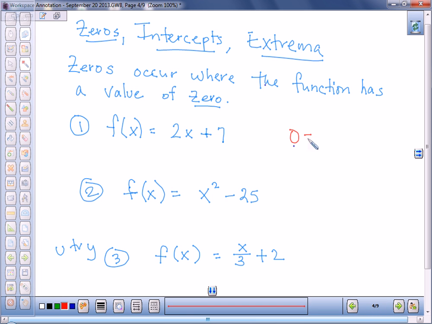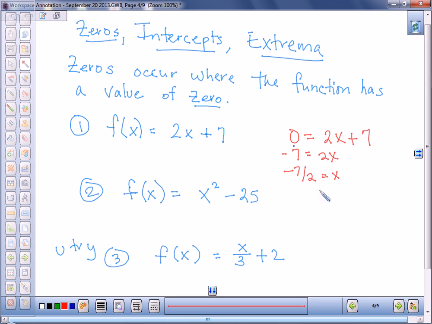So 0 equals 2x plus 7. Now I've solved this. Subtract 7 from both sides. Divide by 2. So this function has a value of 0 where x equals negative 7 halves.